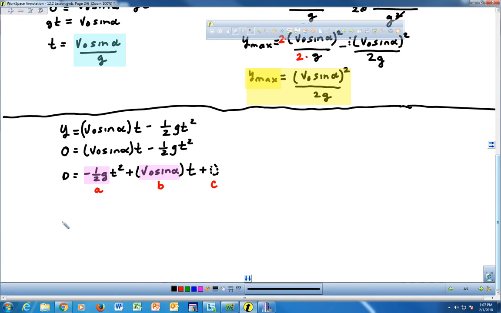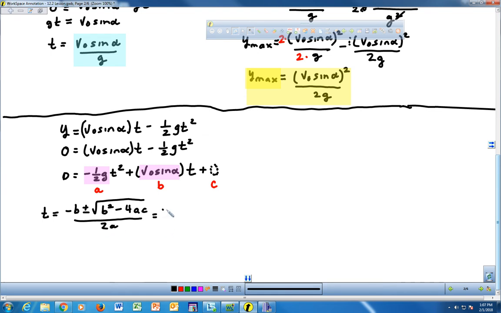Okay, so using the quadratic formula, t equals negative b plus or minus, it's not x, it's the time, the square root of b squared minus 4ac divided by 2a, right?